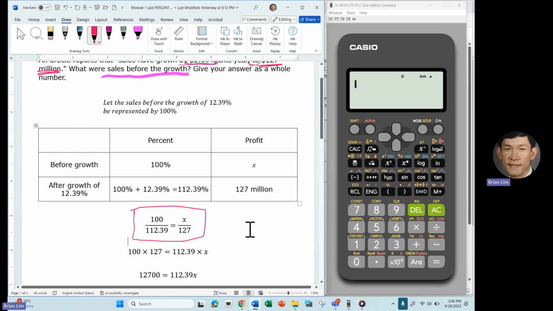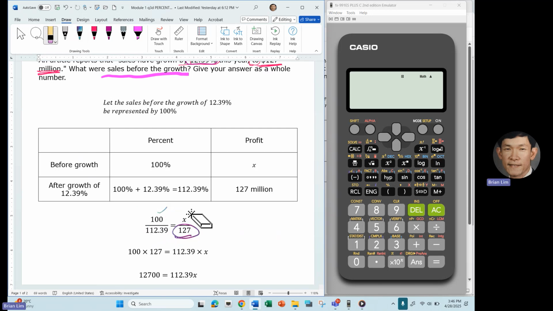We have the 100% here and the X right across from there, and the 112.39, which is the new percentage based on the 100% over here, that is now 127 million.